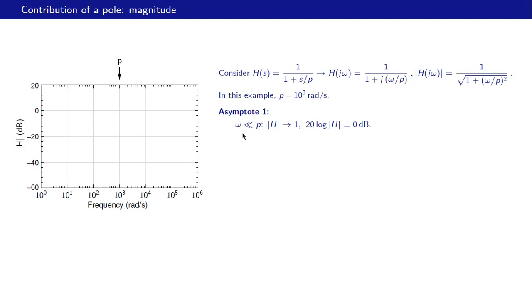So that is asymptote number 1, and that is what it looks like: 0 dB for omega much smaller than p. Now if you notice, we have actually extended this asymptote all the way up to p, because we are only interested in an approximate description of the function. Obviously there is going to be some error at this point, because this point is omega equal to p, not omega much smaller than p.